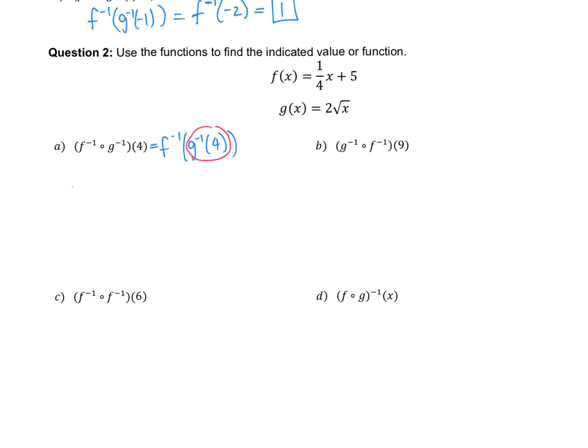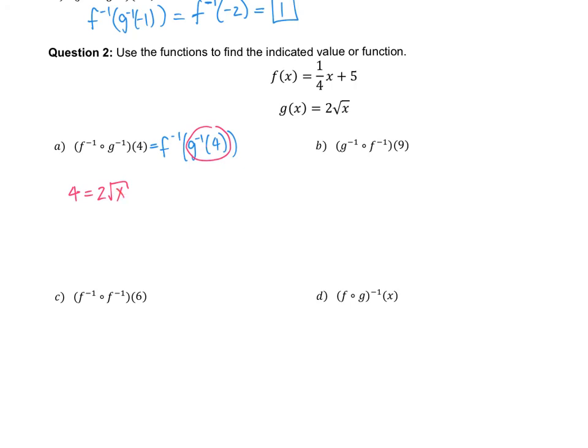So what I'm going to do is set 4 equal, because in case you guys don't remember, anytime you see f of x or g of x, those are your y's. So I'm going to plug in this y value for here and set that equal to 2 square root of x. And notice I'm doing this to the side. So what I'm going to do is solve for x, and then whatever x is, I'm going to plug it back in for the inverse, because the inverse helps you find the x value. So I need to find this x value.